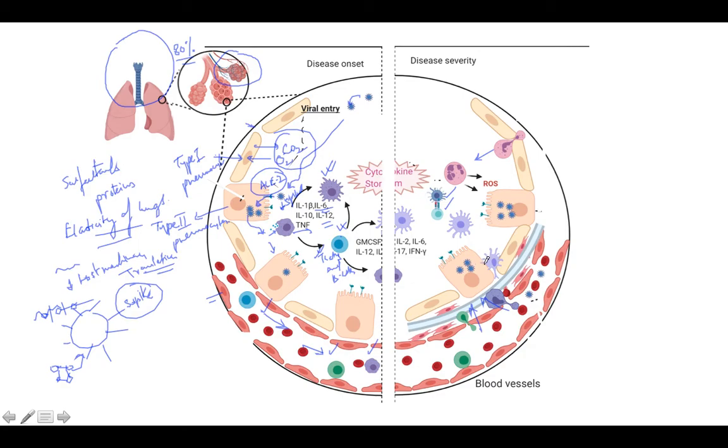Now you can understand that there is lots of inflow taking place from the bloodstream to the lungs, and a hyaline layer is developing here, which is like fluid.